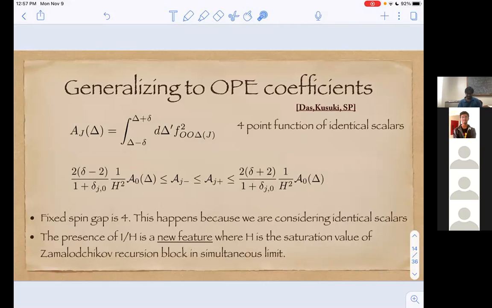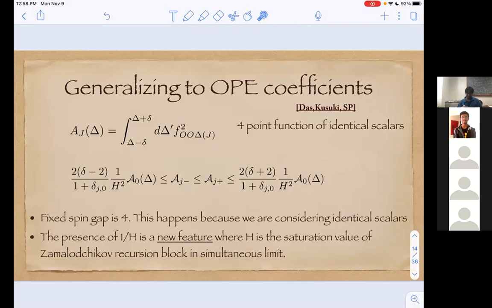And again, I have a similar kind of bound. This A0 delta is the exponential growth, which is obtained by the naive Cardy-like analysis where you do inverse Laplace. And then there are a bunch of pieces which only come because we are trying to be more careful.